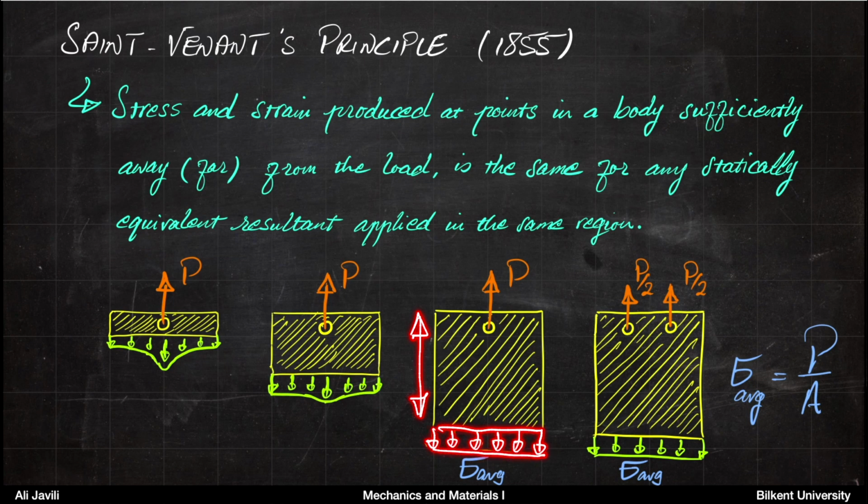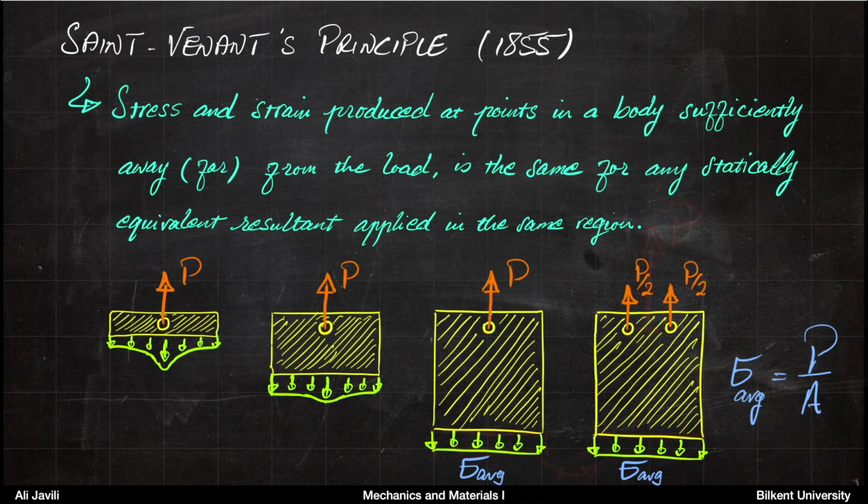Now, Saint-Venant's Principle also states that if you have this case, now instead of one individual force P, if you split that into two forces, P half, such that their resultant force is the same as P, then you also get exactly the same stress distribution as you got before if you are sufficiently far.